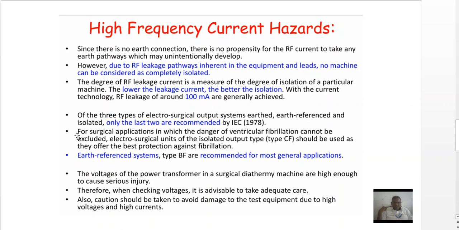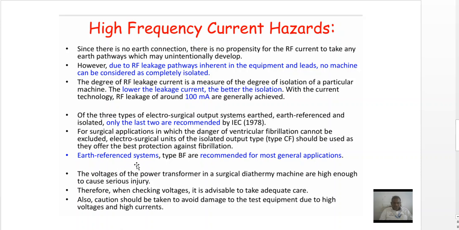Of the three types of electrosurgical output systems, earthed, reference and isolated, only the last two are recommended by IEC in 1978 standard. In surgical applications in which the danger of ventricular fibrillation cannot be excluded, electrosurgical units of the isolated output type CF should be used as they offer the best protection against fibrillation.